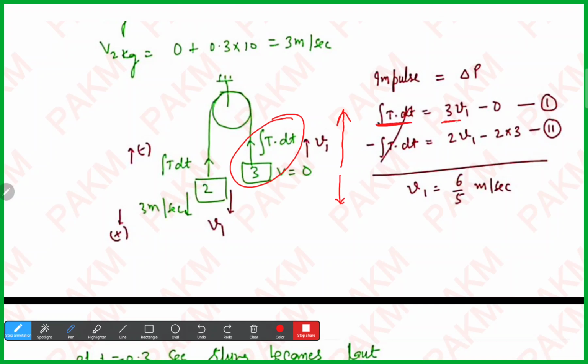Let's say the final velocity is 3v and initial velocity was 0 for the 3 kg, and for the 2 kg, if we consider this motion direction plus, then upward it will be minus. That's why minus T dt, the impulse acting in the upward direction, is the change of momentum. So final velocity is V, so 2v minus 2 into 3. Fine. This is the initial momentum actually.